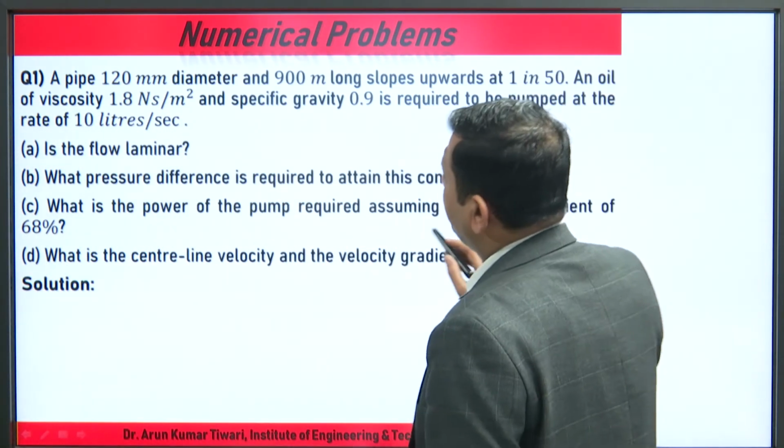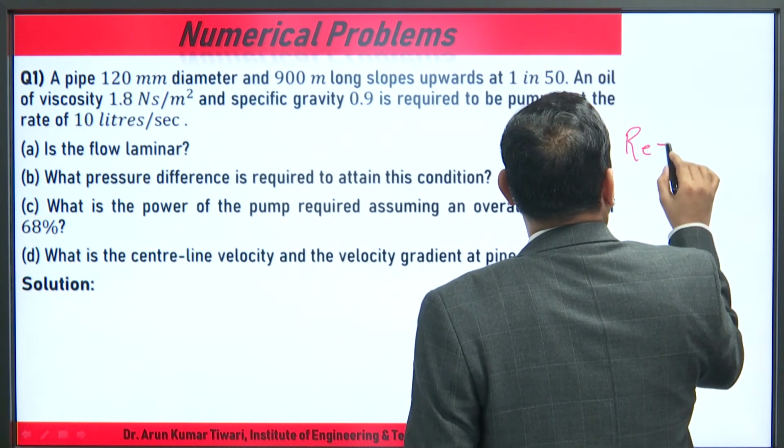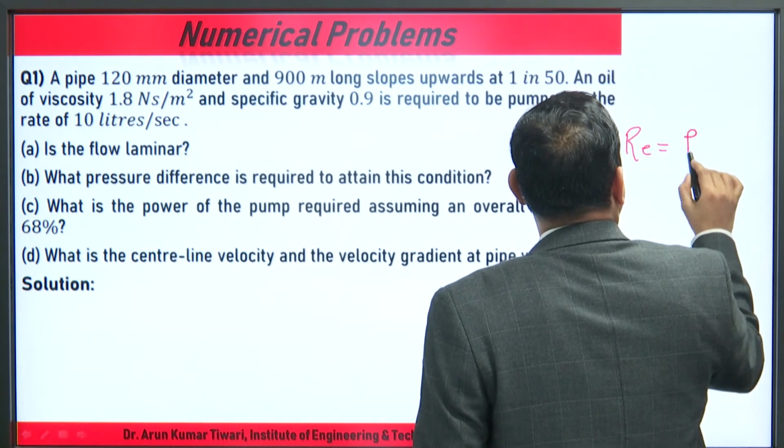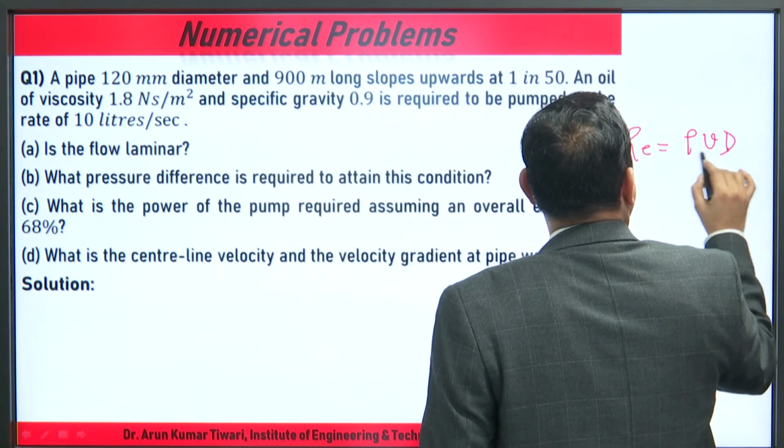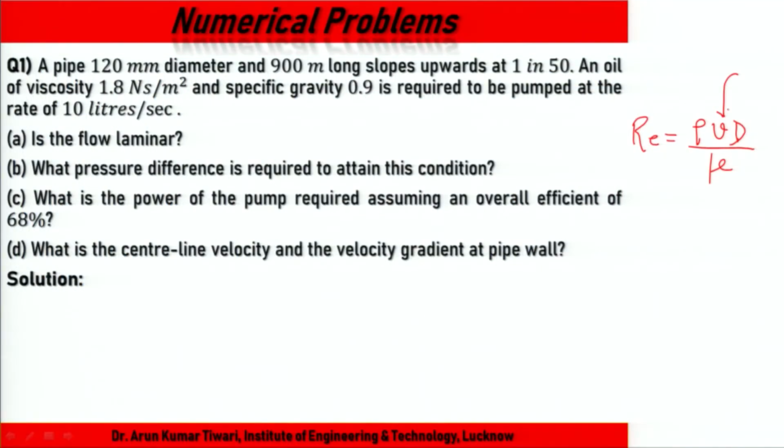How do we calculate the Reynolds number? Reynolds number is rho V D upon mu, where V is the average velocity. How do we calculate velocity? Discharge is given, so V equals Q upon A, very fundamental.